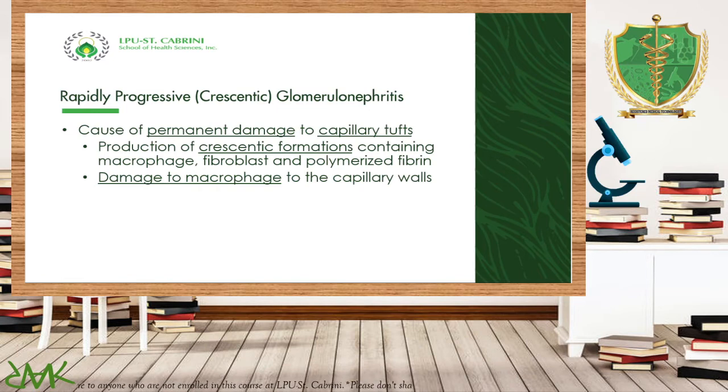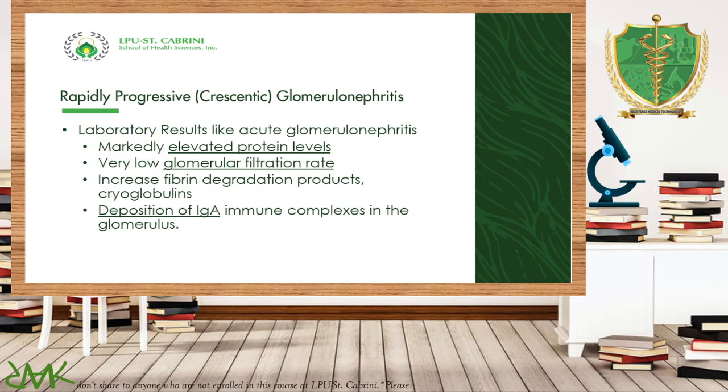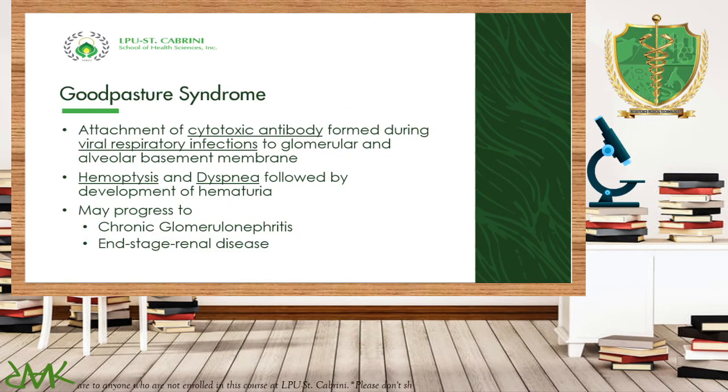It can also cause damage to the capillary walls, which is the reason why it can progress into chronic glomerulonephritis, or worst case scenario, it can lead into what we call renal failure.